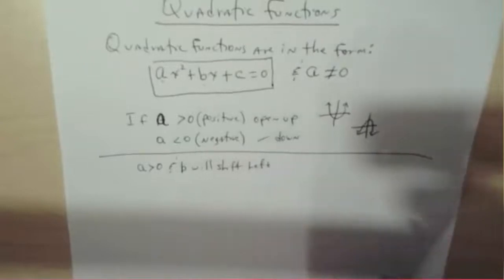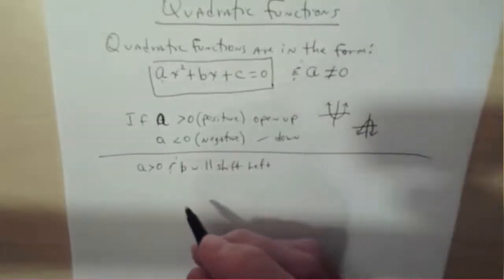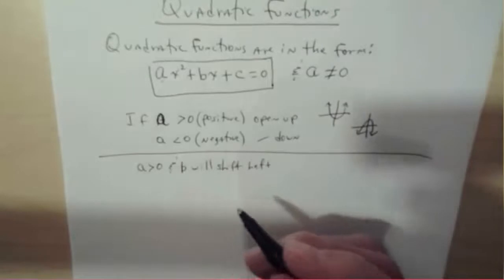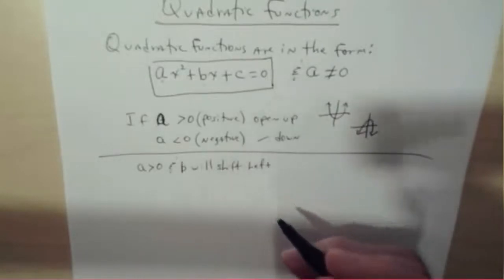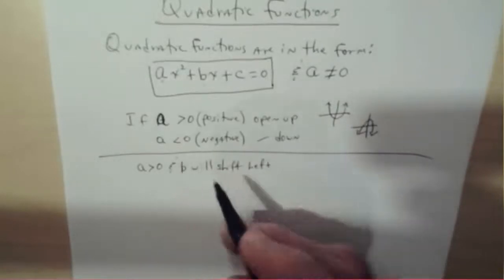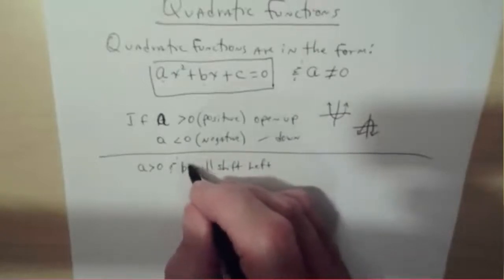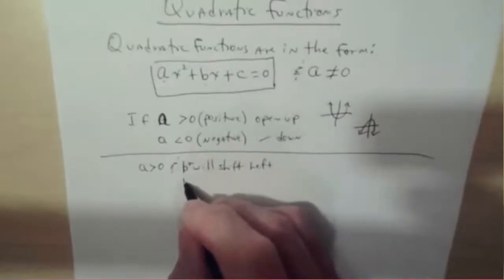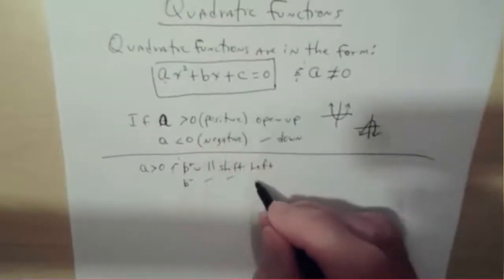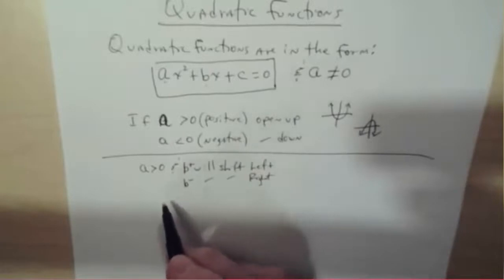Does exactly the opposite of what you'd think it would be. That's if b is positive. If b is negative, it'll shift it to the right. I think I sent you a sheet on this.